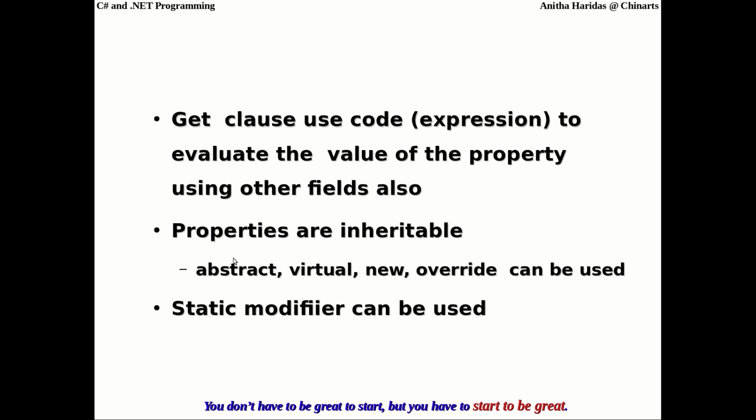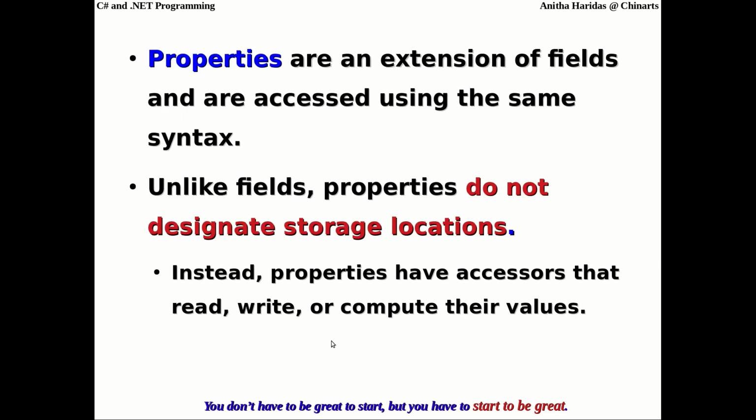And if you use properties, all these properties are inheritable. You can use all these keywords like abstract, virtual, new, override, everything can be used along with properties, because properties will also be treated as your data member. You can also have a static modifier for your property, that is also allowed.